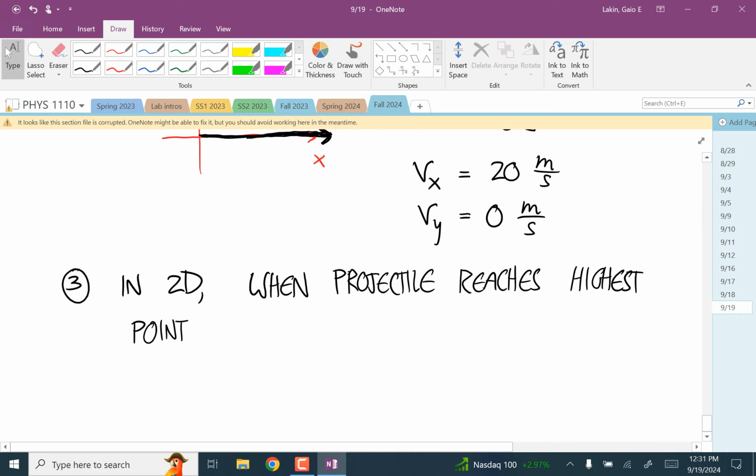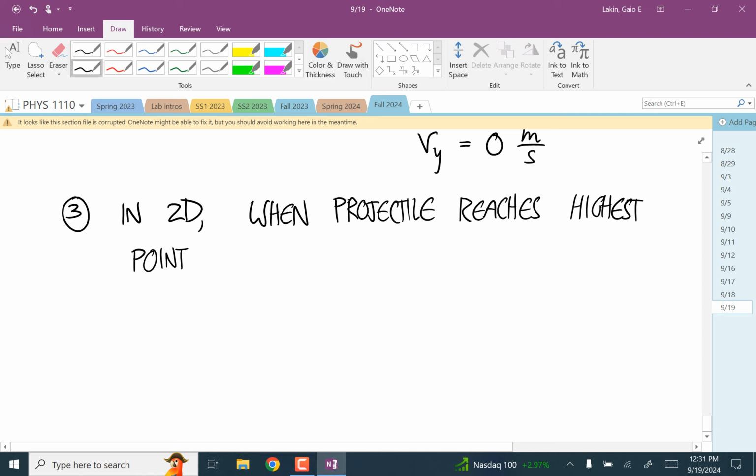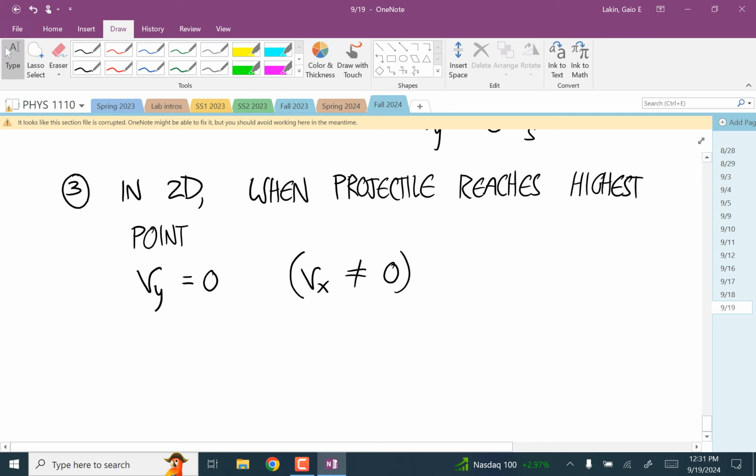Now, you have to be careful with this. I know if you had to guess, you would probably guess the velocity vector is 0 at the object's highest point. It's not quite like that. What happens at the highest point is that the y component of the velocity is equal to 0. The x component of the velocity is not 0. Not necessarily. You can't assume that the x component of the velocity is 0.